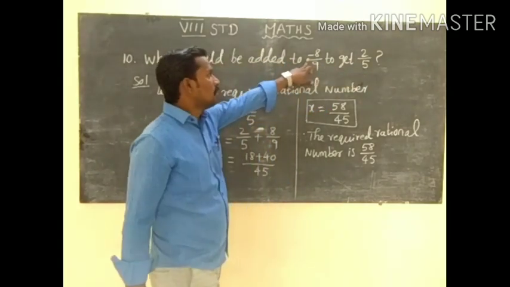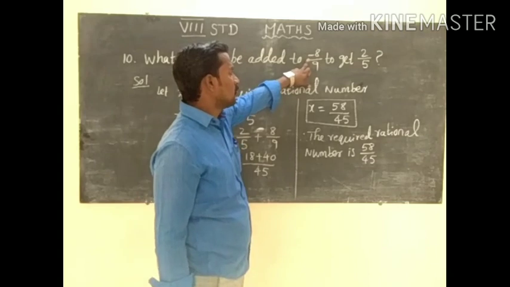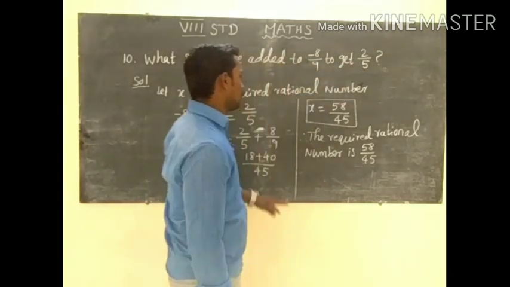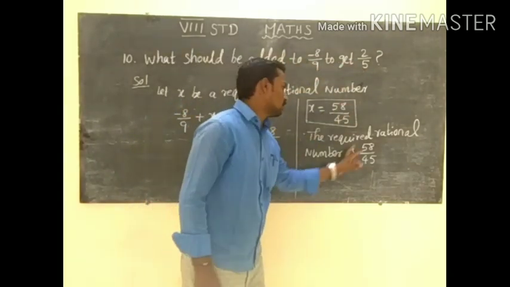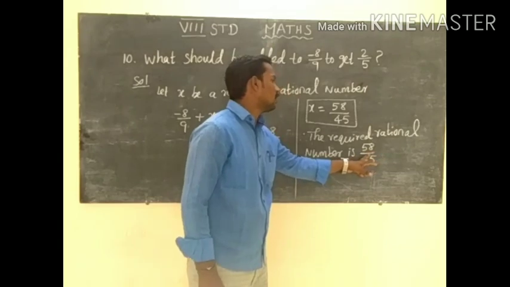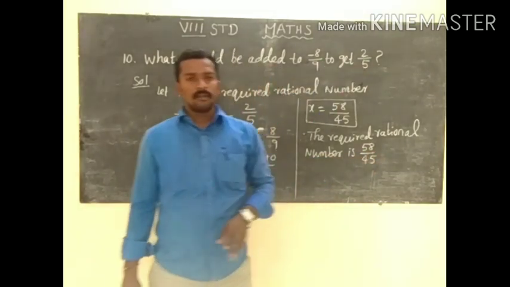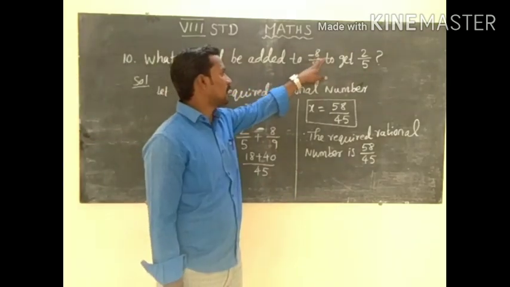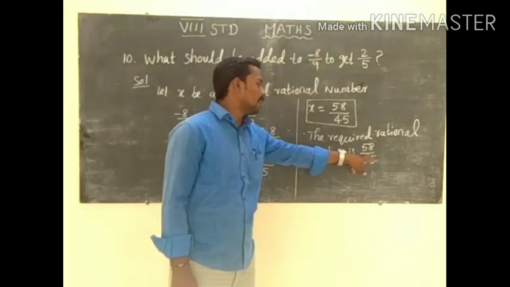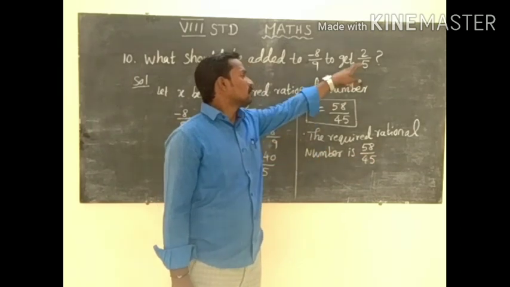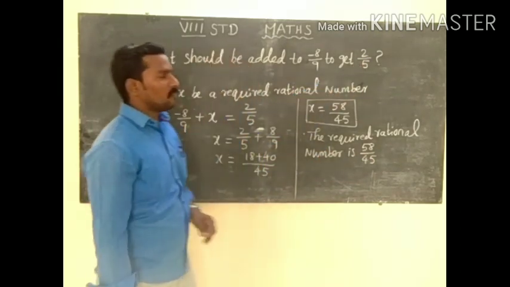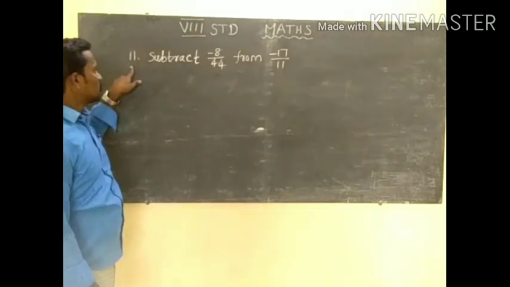This is the result, the rational number. This number added to minus 8 by 9 gives 2 by 5. To do at your home: minus 8 by 9 plus 58 by 45, the answer is 2 by 5. Verify that. Next, the 11th question.